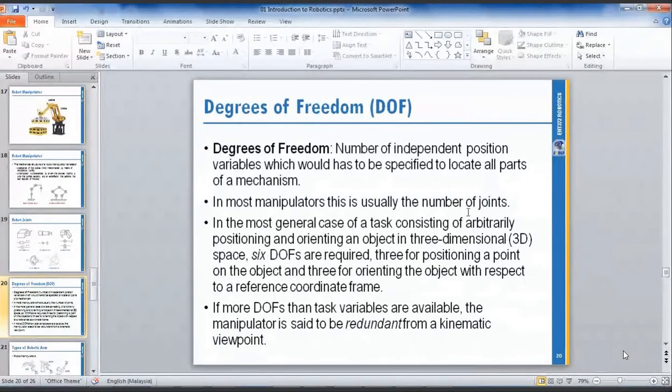If you have 3 joints, that means you have 3 degrees of freedom. Darjah kebebasan, in Malay language. So if you have more joints, you have more degrees of freedom, which means your robot has higher flexibility.